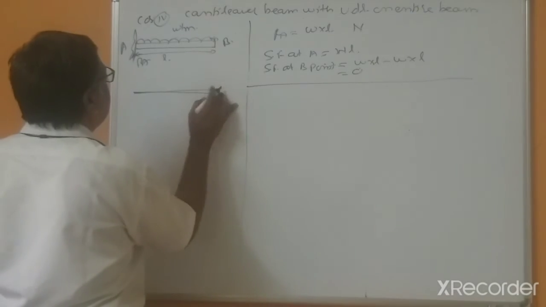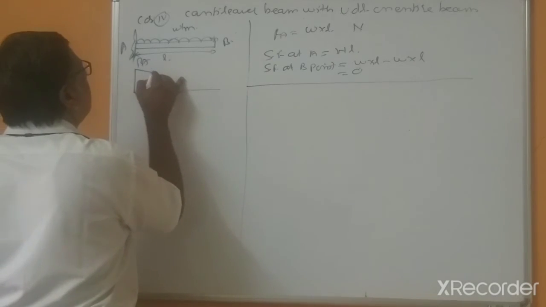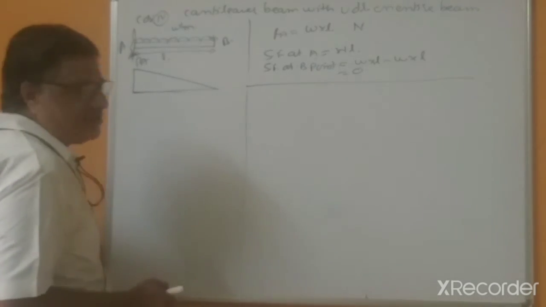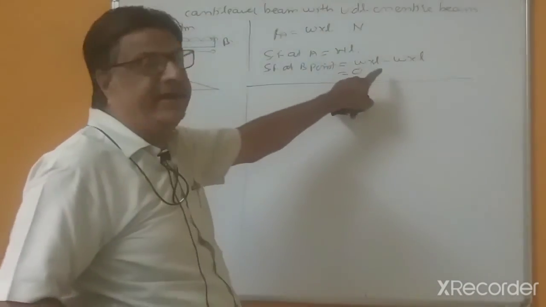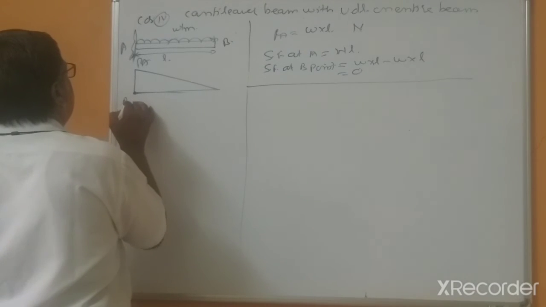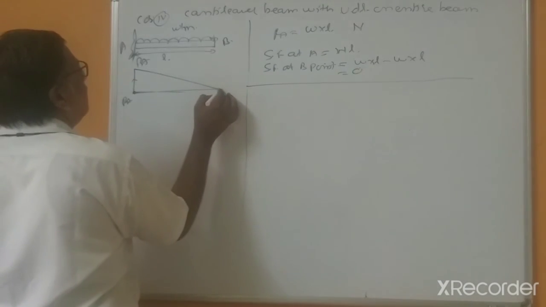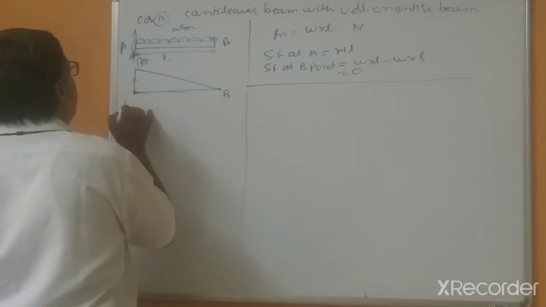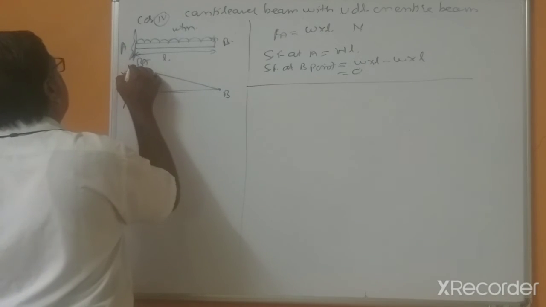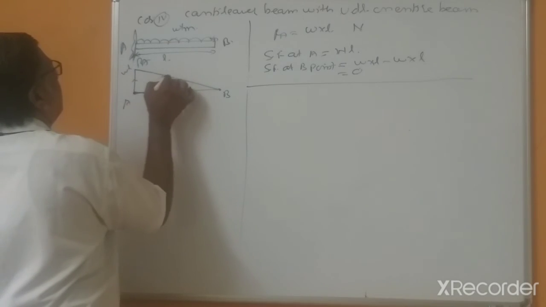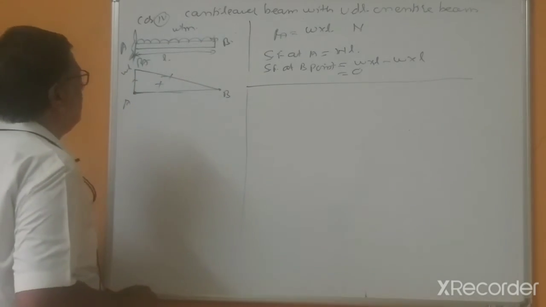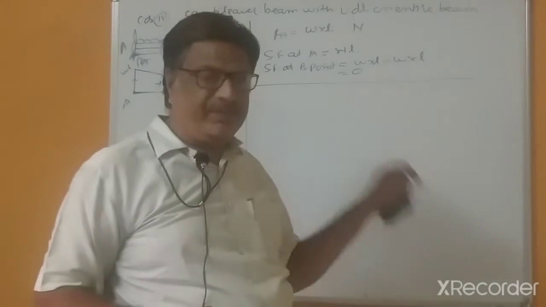And this is a linear curve. So this is a straight line, because this is linear, and RA at this A point equals WL only. This is a positive shear force diagram.